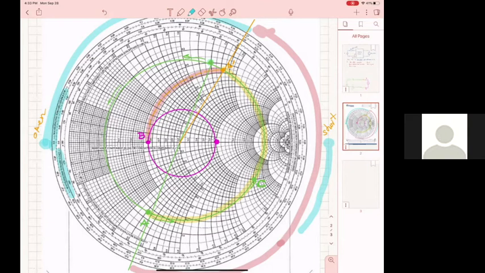All right, so when I was moving from A, I was moving towards the load. I was trying to find where is the circle of the real part of my admittance. My admittance was at B. The circle of the real part of my admittance was this one.